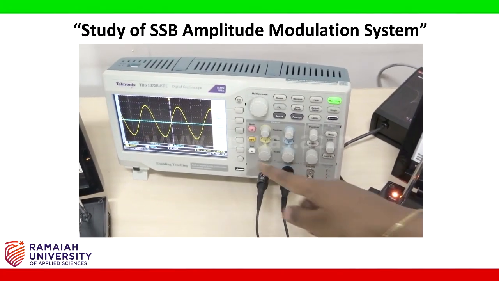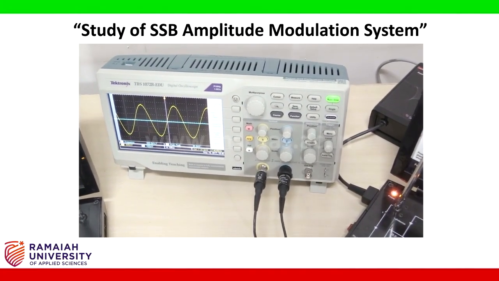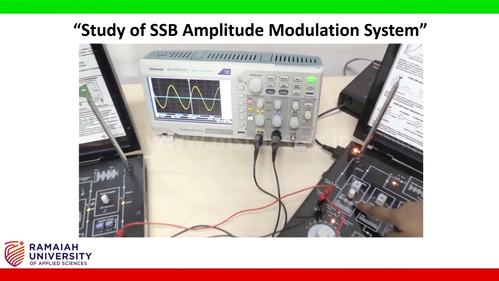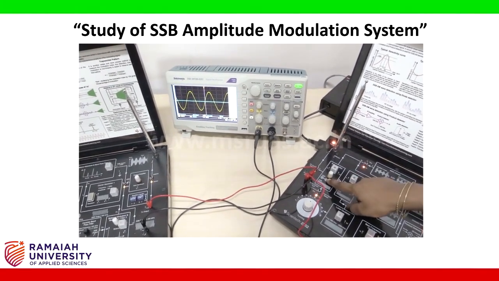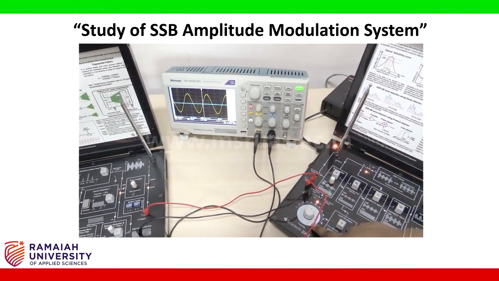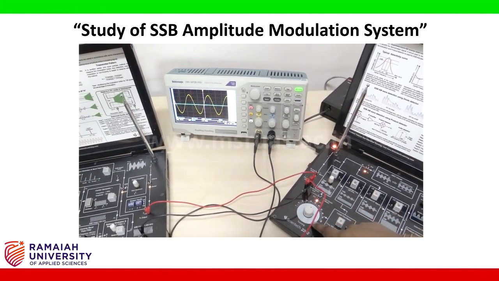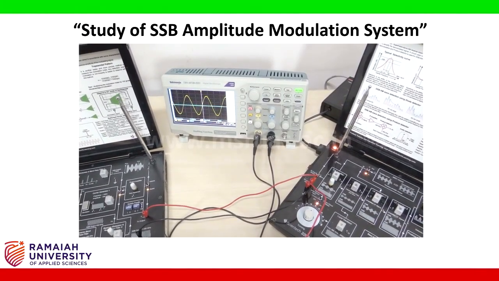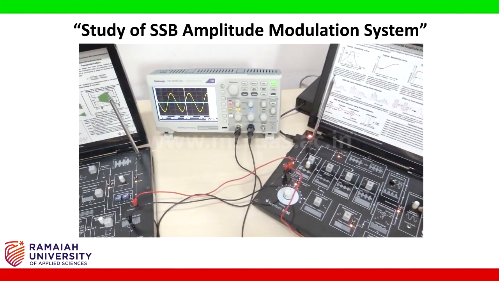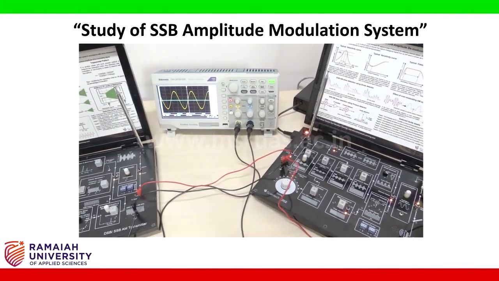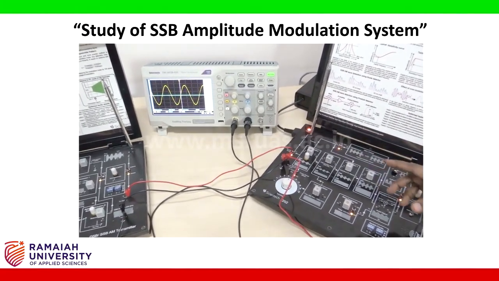Now you can see that there is no wave, so now you have to tune the RF amplifier knob, then the tuning circuit knob, and also the audio amplifier knob, such that the output and the input message are the same.